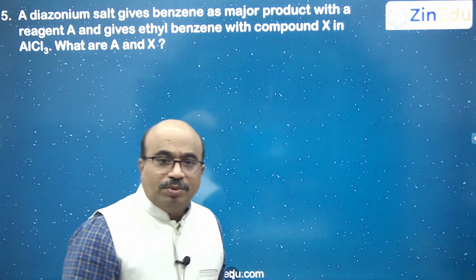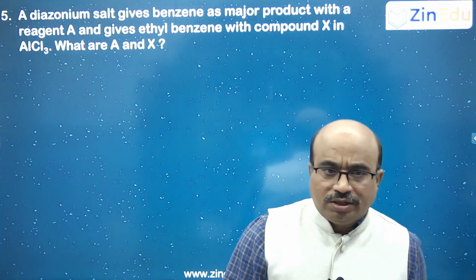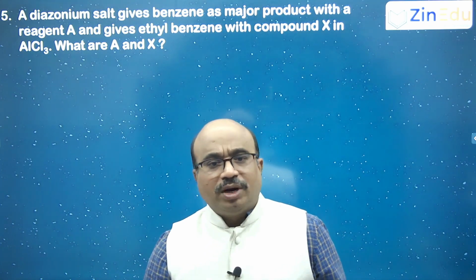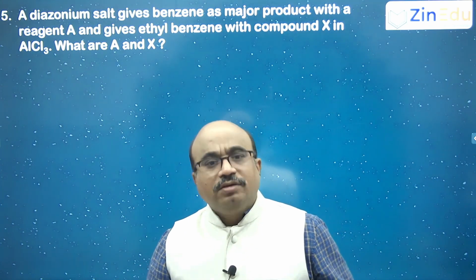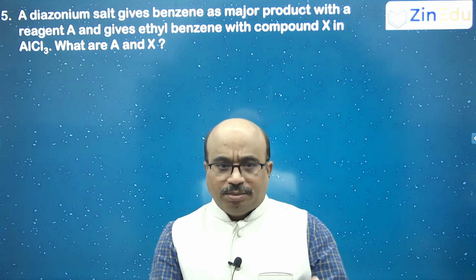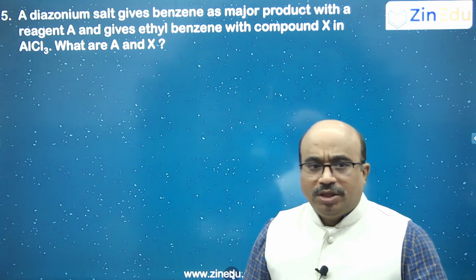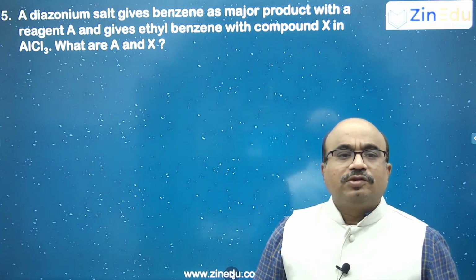Diazonium salt gives benzene as a major product with reagent A and gives ethylbenzene with compound X. Again, maybe options are there for A and X. This is already like a repeated question. Maybe confusion might be there for the student while reporting this.